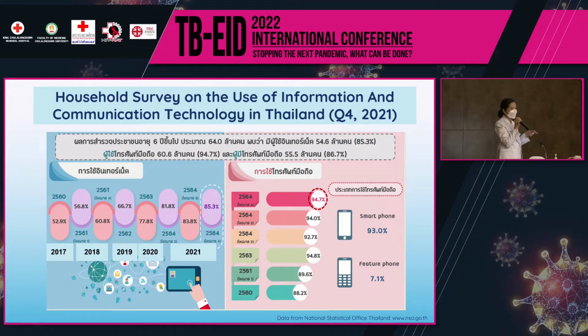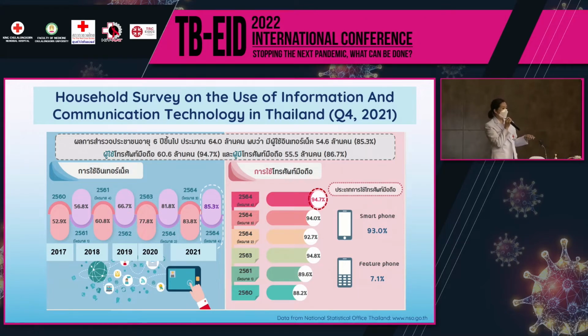The survey was conducted among 64 million Thai people older than 6 years old, and they found that 85%, or 54 million people, use the internet, and 94%, or 60.6 million Thai people, use a cell phone, and 86% of them have their own cell phone. On the right-hand side, they show what type of cell phone is used in Thailand. You can see that 93% use a smartphone, whereas only 7% use a feature phone.